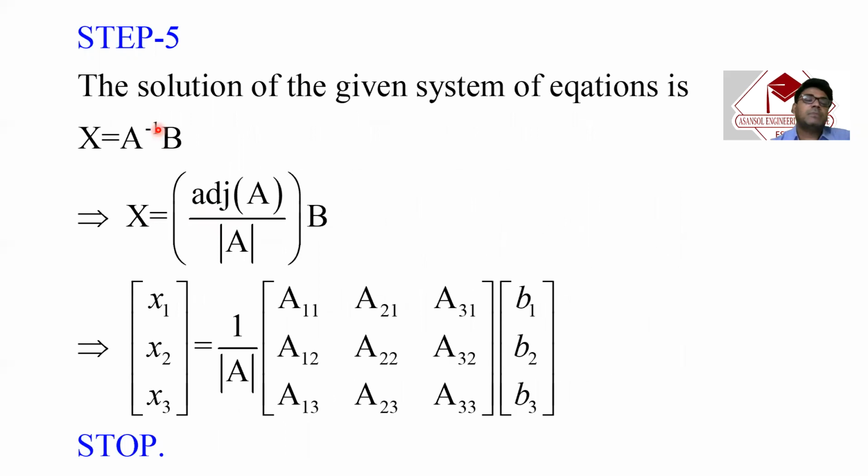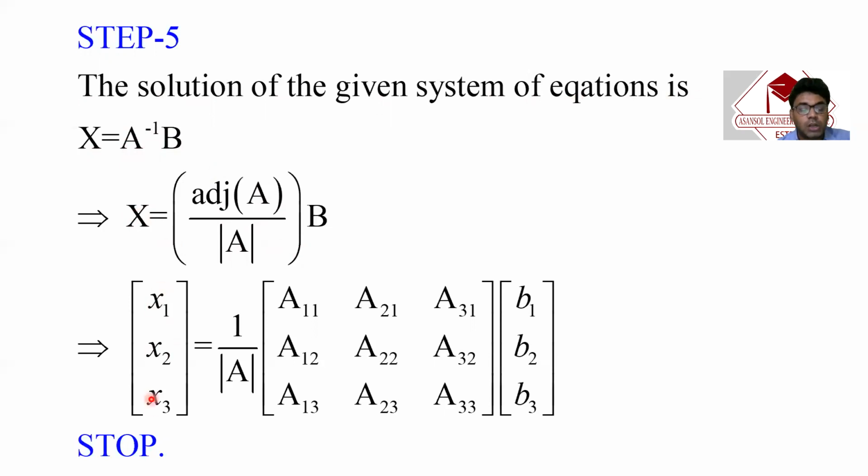Okay, and step number 5. After getting your adjoint, you know the solution of the given system of equations is X equals A inverse B. What is A inverse? A inverse equals adjoint by det A. What is X?